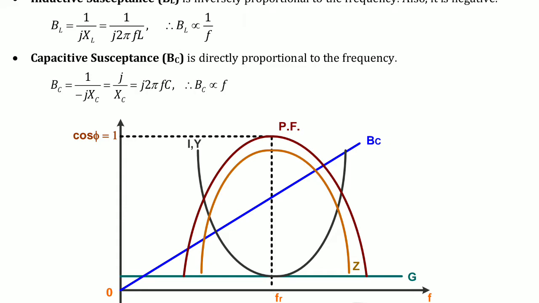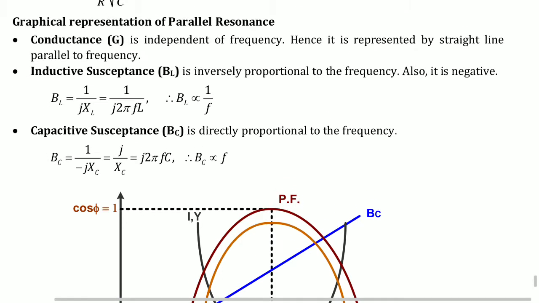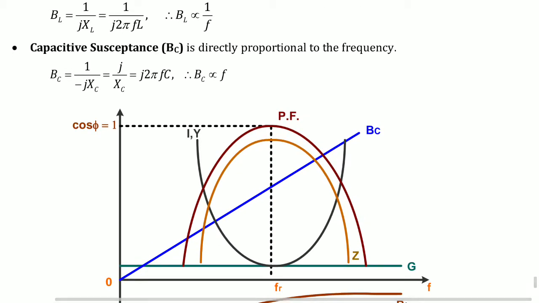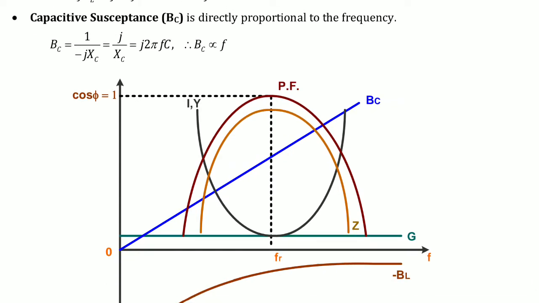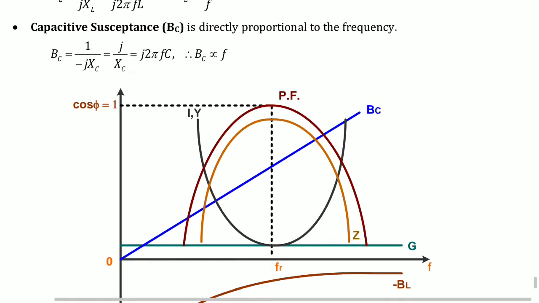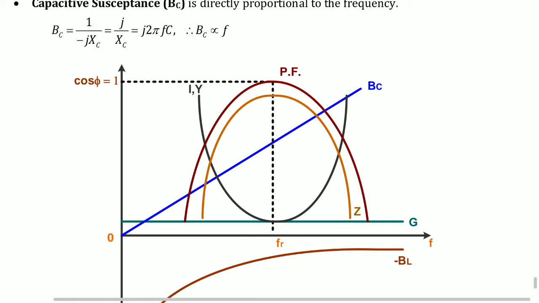In the same way in the parallel circuit, the conductance G is constant from the x-axis up to some height, drawn here in green color.